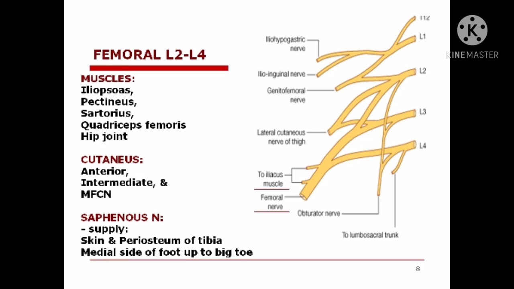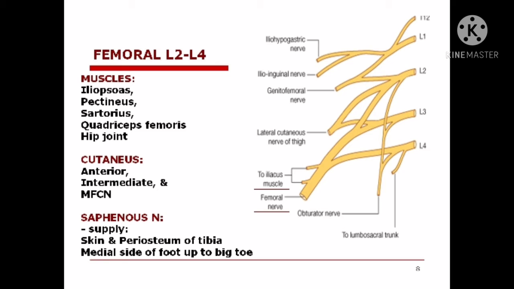It supplies the maximum of the thigh extensors. From its stem, cutaneous nerves arise. These are the anterior, intermediate, and the medial femoral cutaneous nerves. I have told you in the discussion of the thigh.